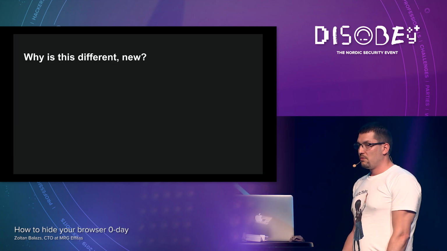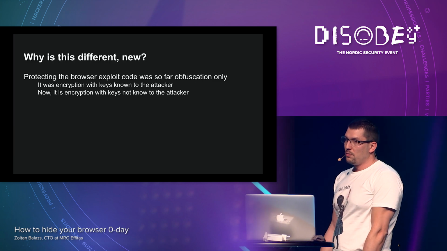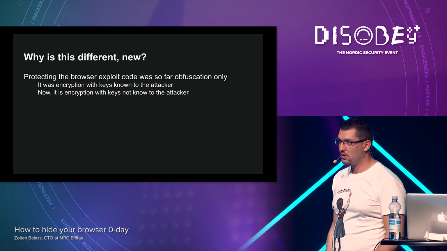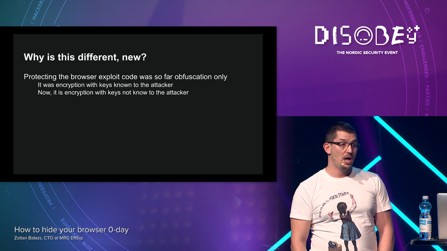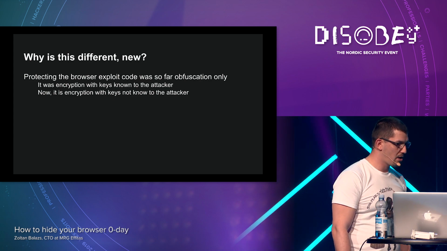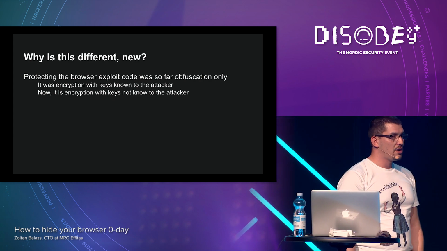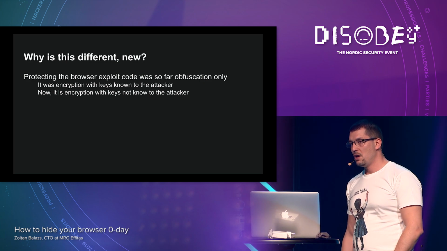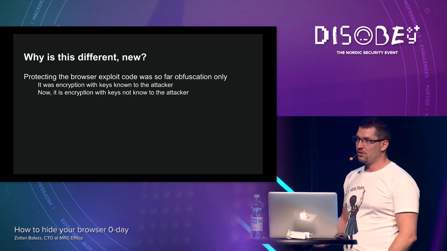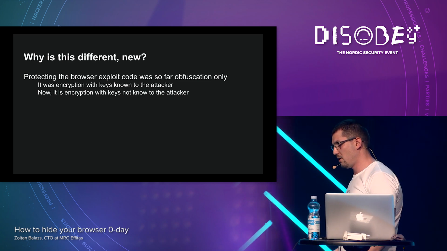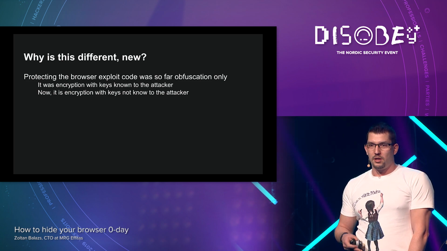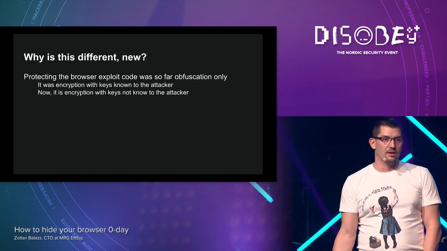And you might ask, why is this different? Why is this new? Because in the past, you might have heard that exploit kits were using encryption to protect their code. But in the past, it was just some static keys. And it was because the static key was delivered to the browser in a static and plain text fashion.